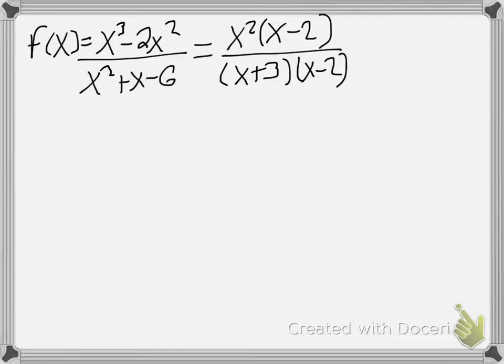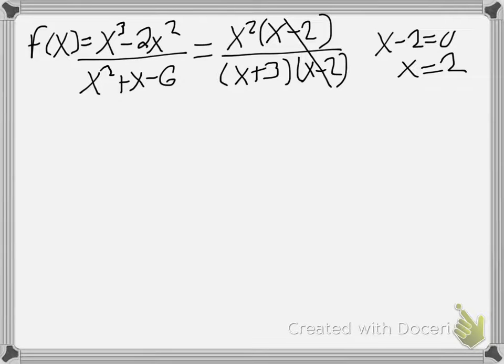I set that equal to 0. X minus 2 equals 0, so x equals 2. So the x value is going to be 2, and I'm going to plug that back in. And this is my hole because I have a common factor. The x value of my hole is 2.